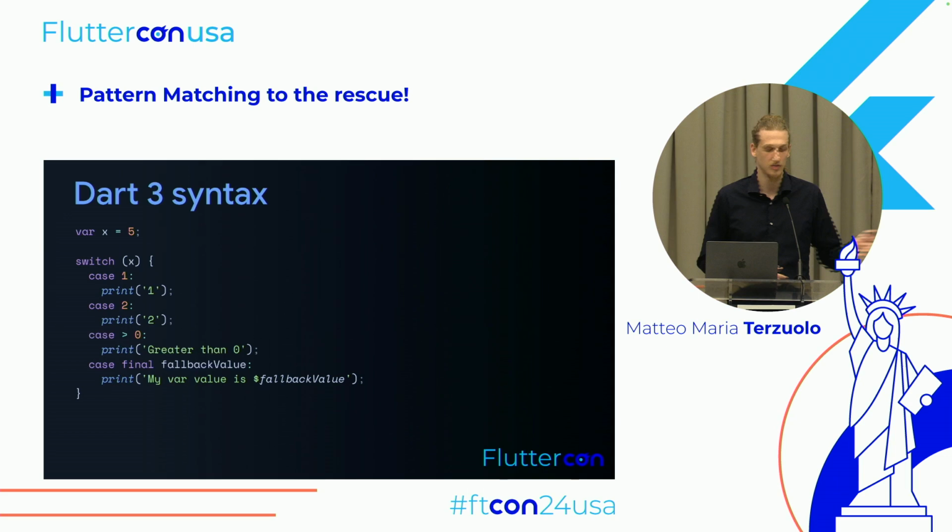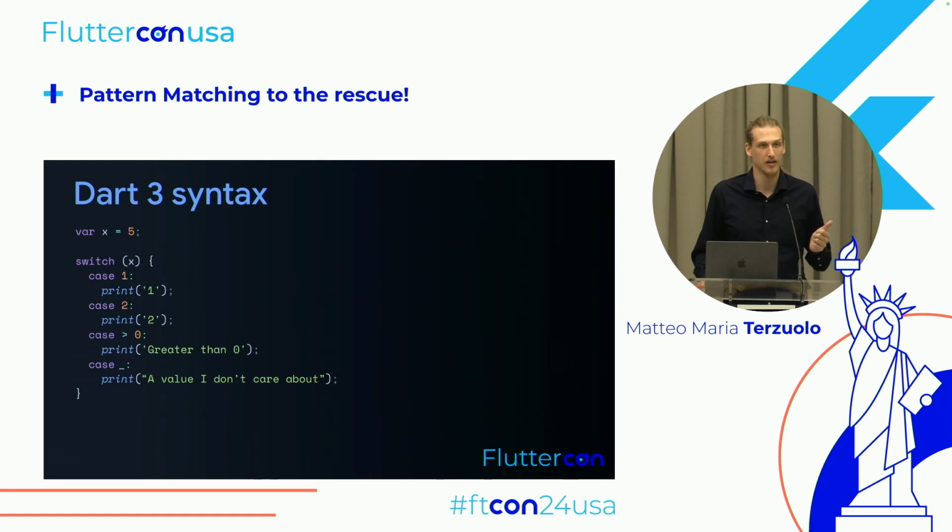That variable, the fallback value, has the same value as x. I didn't find an actual usage for that because I can simply use x and print it. But yeah, it is possible to use it.